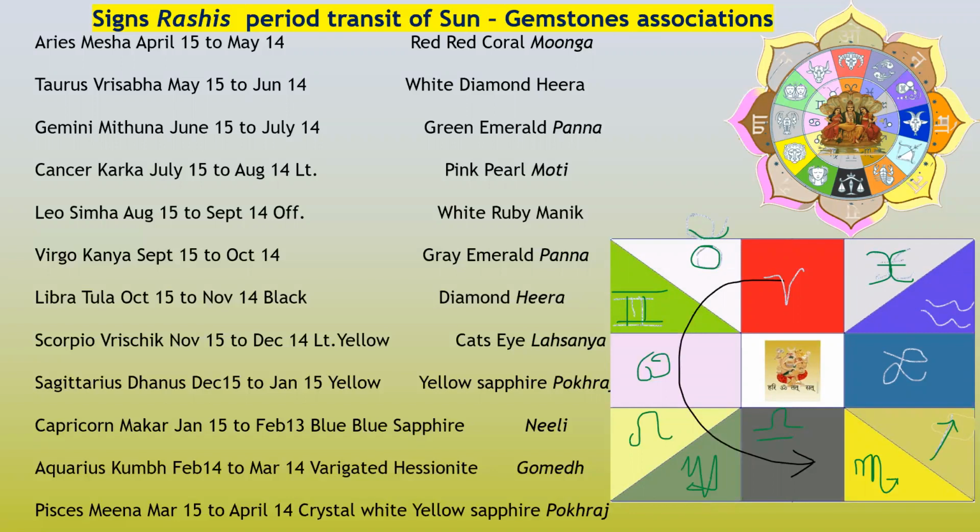For Karka, it is July 15 to August 14. You can take the dates off, just take a photograph. And again, the color for it is light pink. Please note, light pink.